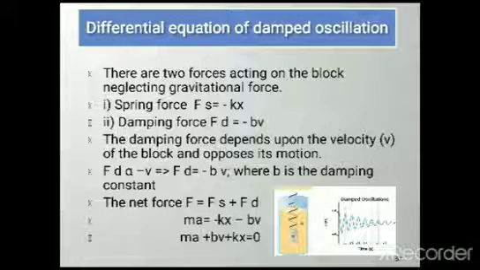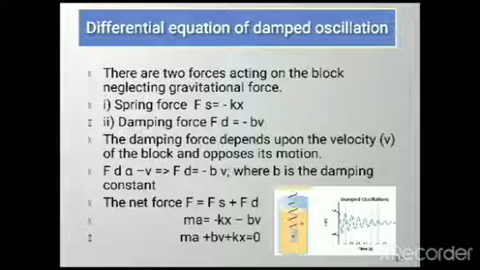Let us talk about the differential equation of a damped oscillation. There are two forces acting on the block, neglecting the gravitational force. The force acting on the spring is called Fs, and that is equal to minus kx, and it is nothing but a restoring force.